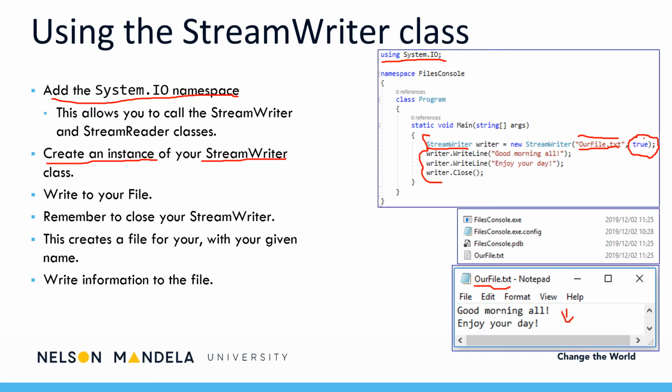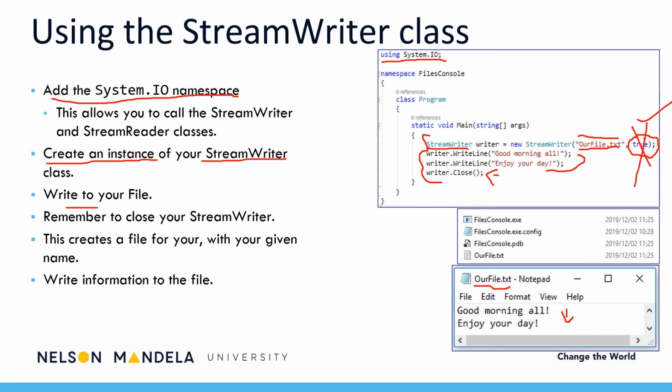But if you do not have this true over here, then every time you run this code, it's going to create a new file, and then it's only going to write this. So there won't be any continuity in your information stored in your file. So this true says you continue adding on top of what already exists, and then you close your file.